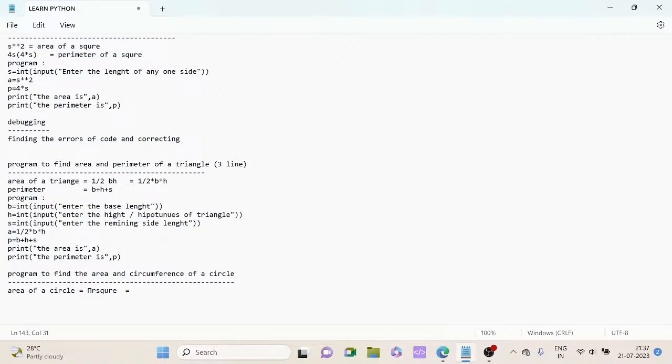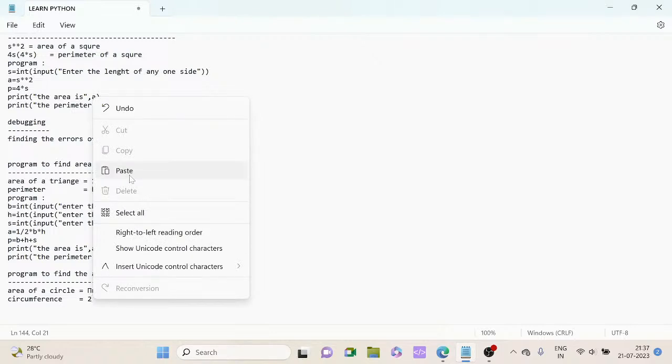So for pi every time you need to give a value, 3.14. Then pi r square means r with 2 stars. Next thing, circumference. Circumference of the circle is equal to 2 pi r.